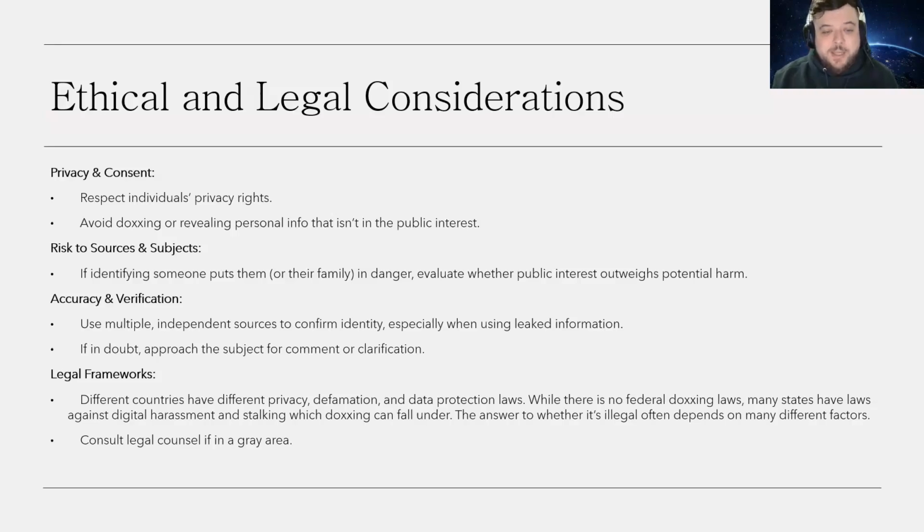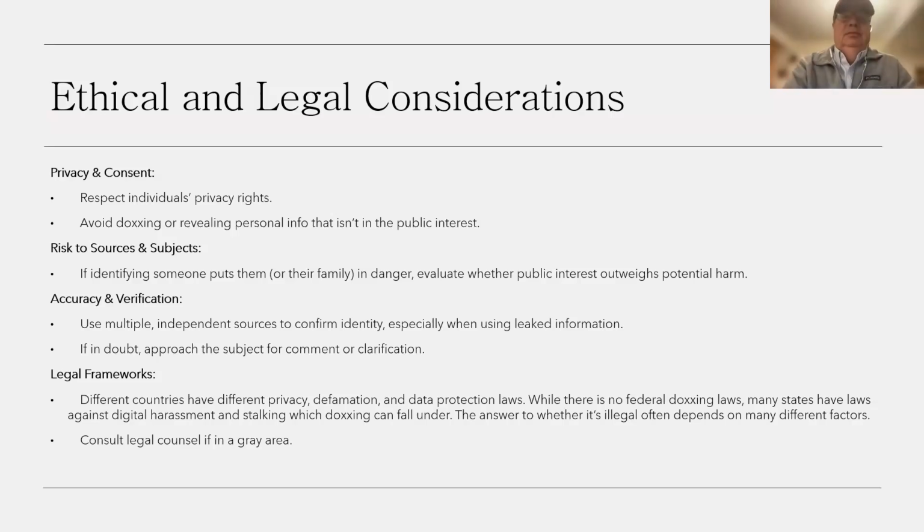So, being mindful of your sources, you want to talk a little bit about how you were able to come to this conclusion, how you were able to identify these certain aspects, but being mindful of not revealing too much, to where it could put somebody in jeopardy or be harmful to somebody who you're talking about, right?